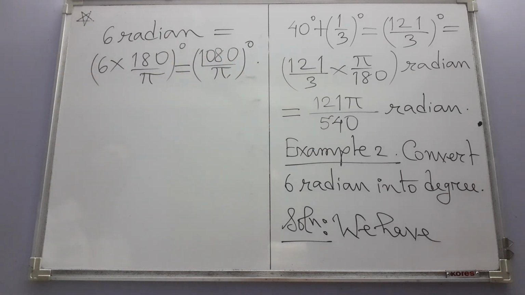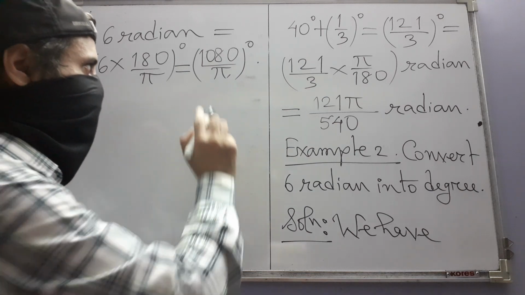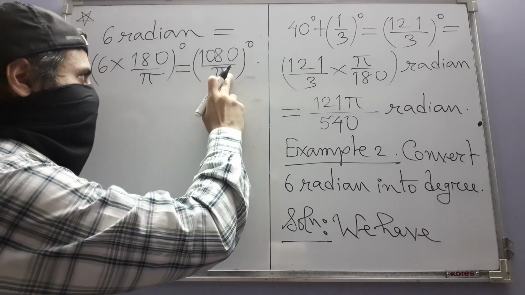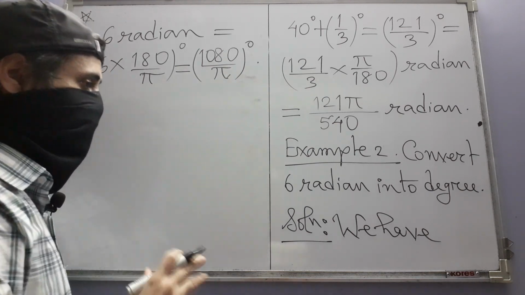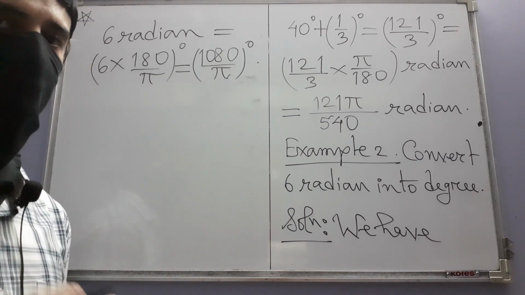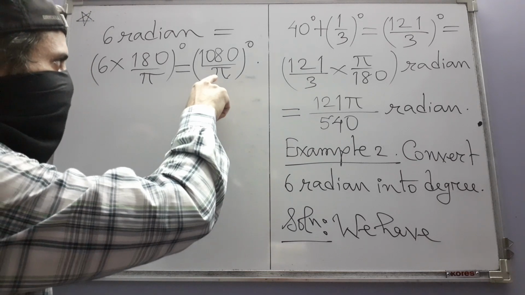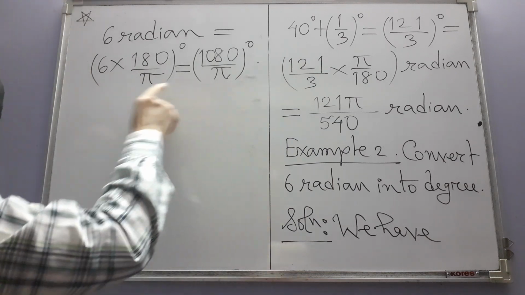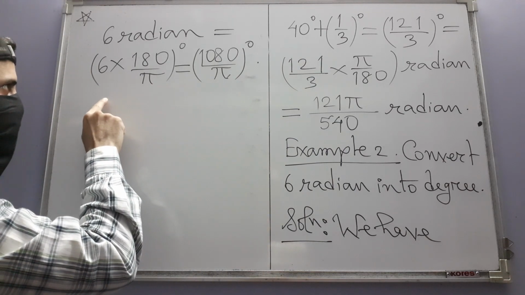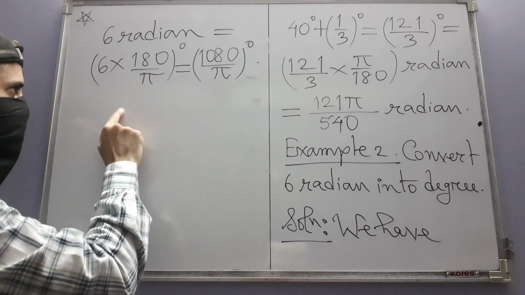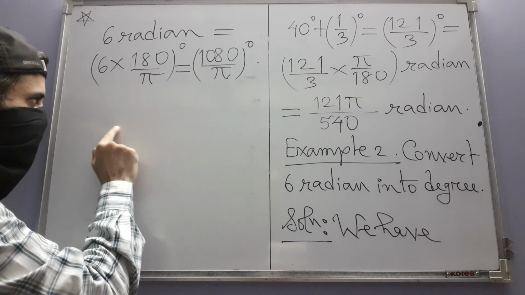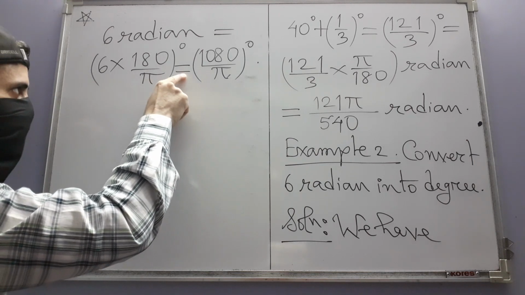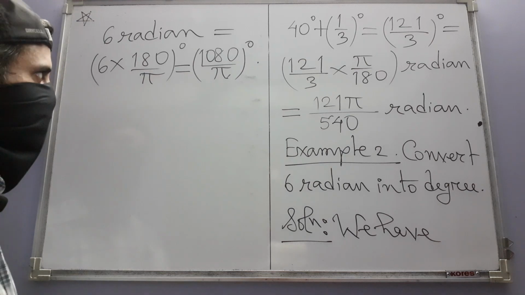If you use 22/7, which is not anything wrong, you won't get the exact value, you will get an approximate value. So if you want to continue, after that you are going to write 1080 divided by 22 divided by 7, but there do not write equality sign.